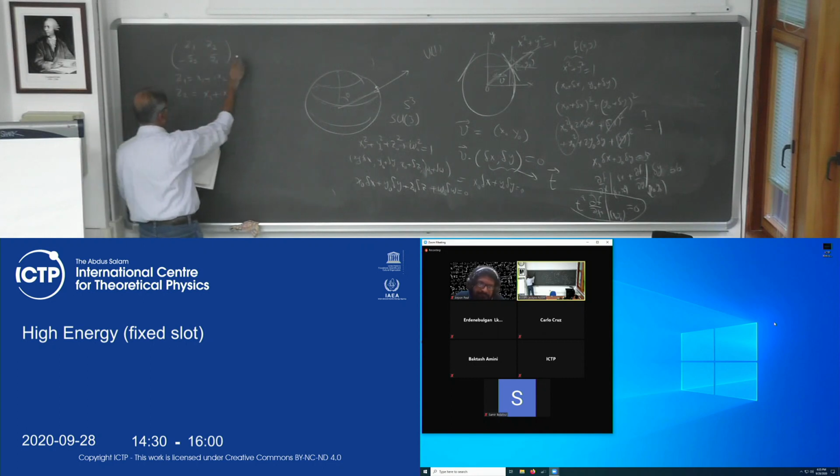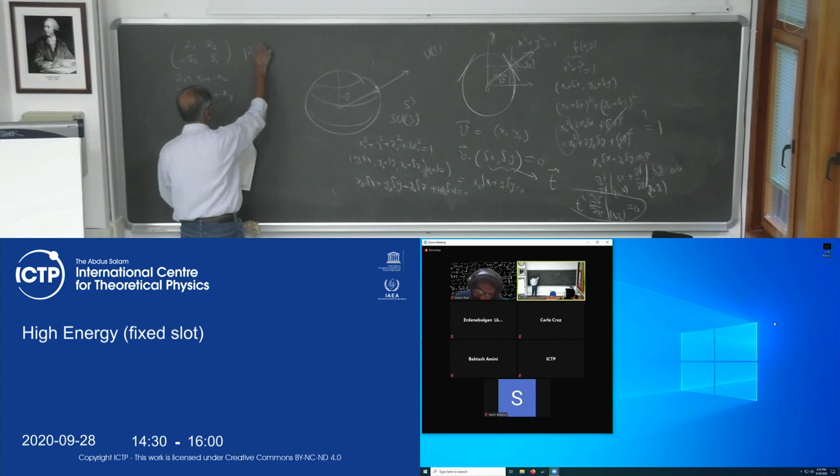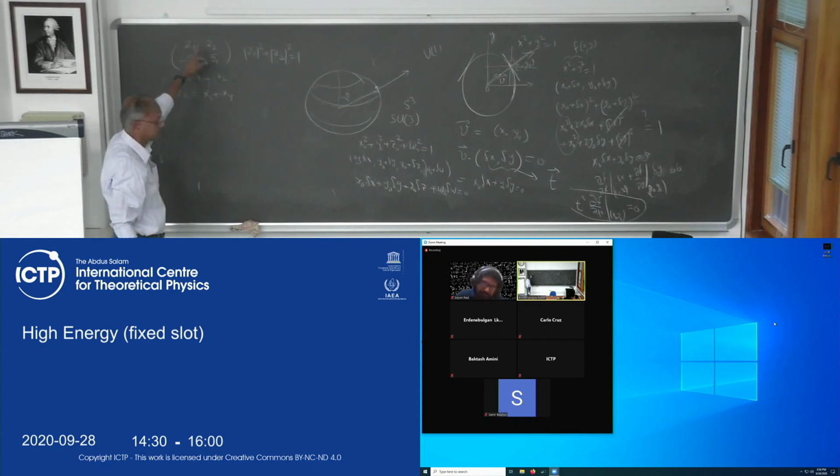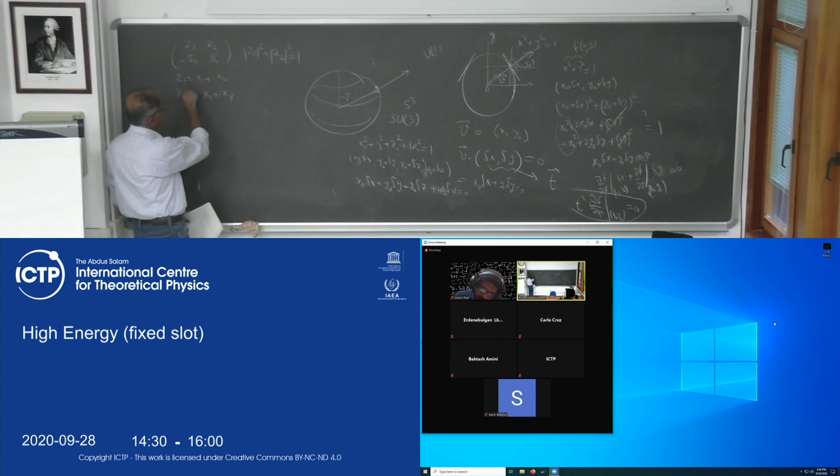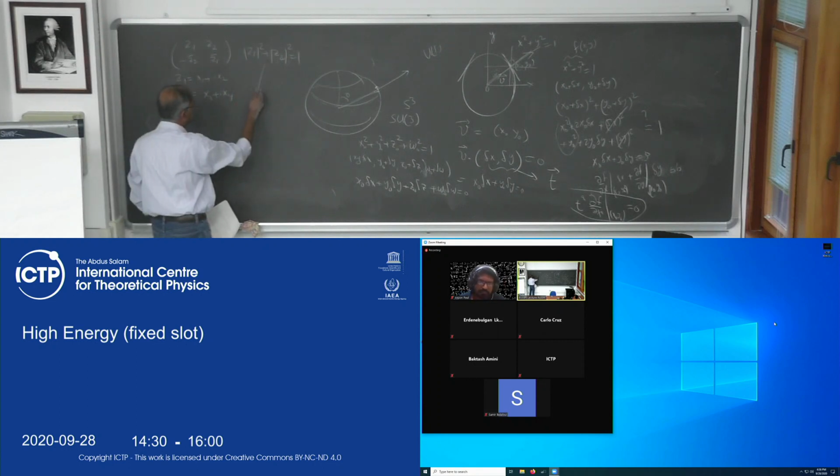And you remember this had a condition that Z1 mod square plus Z2 mod square equal to 1. That was the condition for this to be SU2. Since Z1, Z2 are complex, I can always write it like this. Then this equation simply became x1 squared plus x2 squared plus x3 squared plus x4 squared equal to 1.